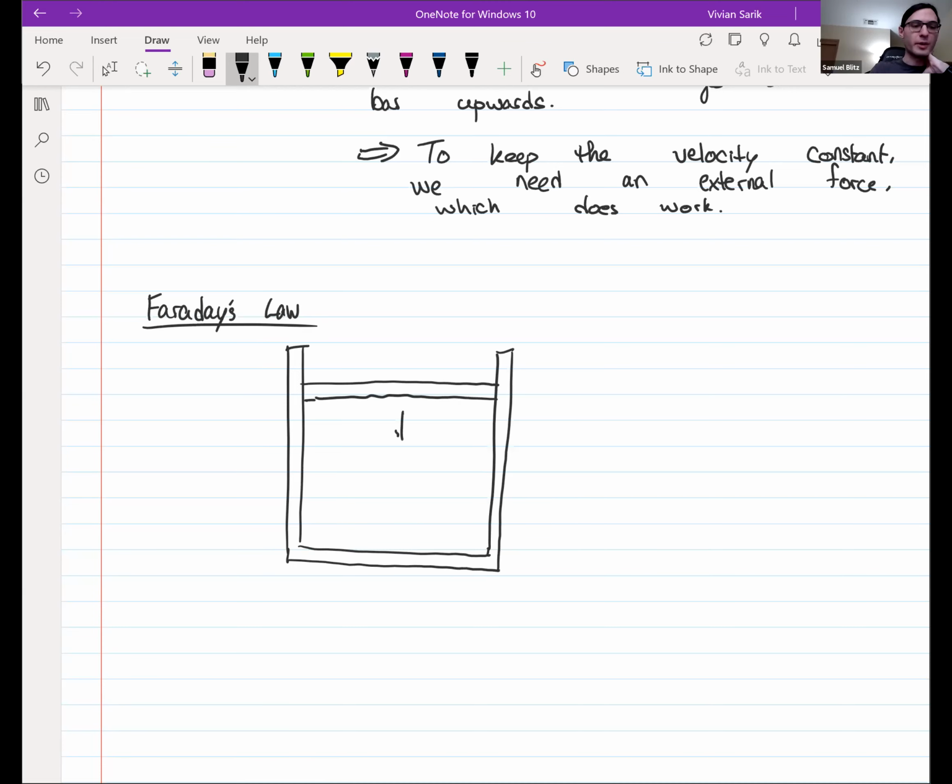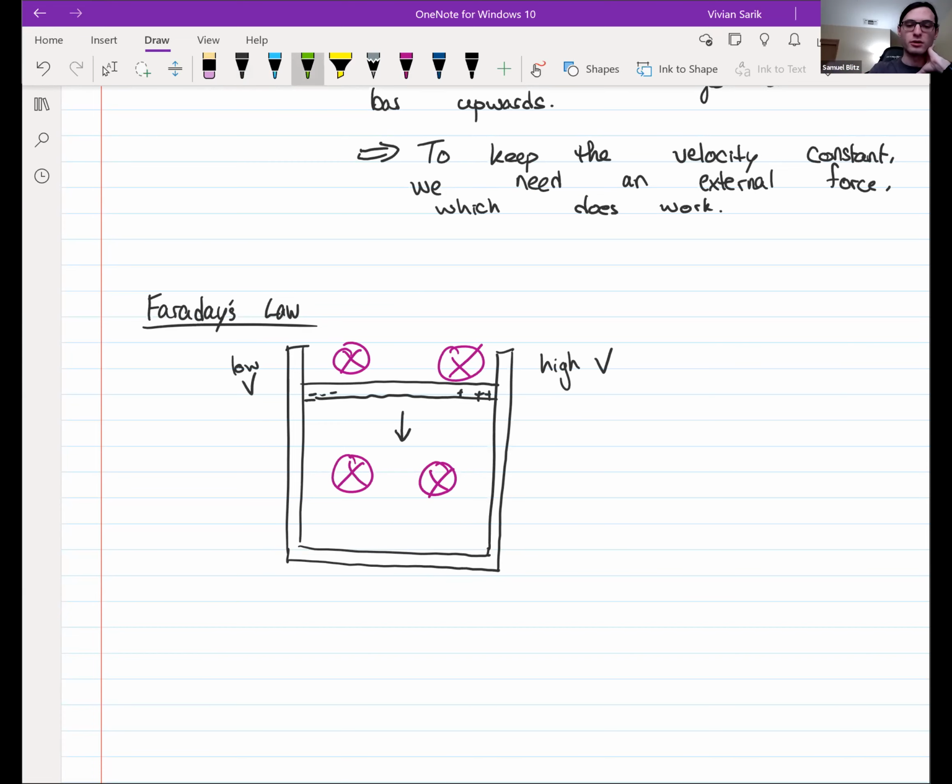It's the same thing. You have a magnetic field going into the screen. And so we've already established that you'll have positive charges on the right, negative charges on the left. And so you'll have a potential difference. You'll have higher voltage here, lower voltage here. And so you'll have current that flows this way.